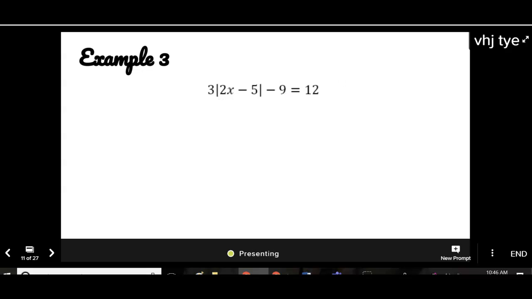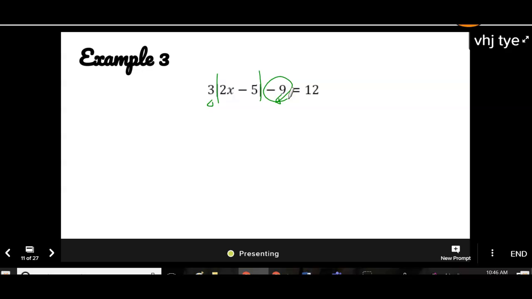So here for this example, it is more complicated because outside of the bars, you have two numbers to get rid of, which are 3 and -9. Which one to get rid of first? You're going to get rid of the single number first. Single number means it is not attached to your bars. Okay?